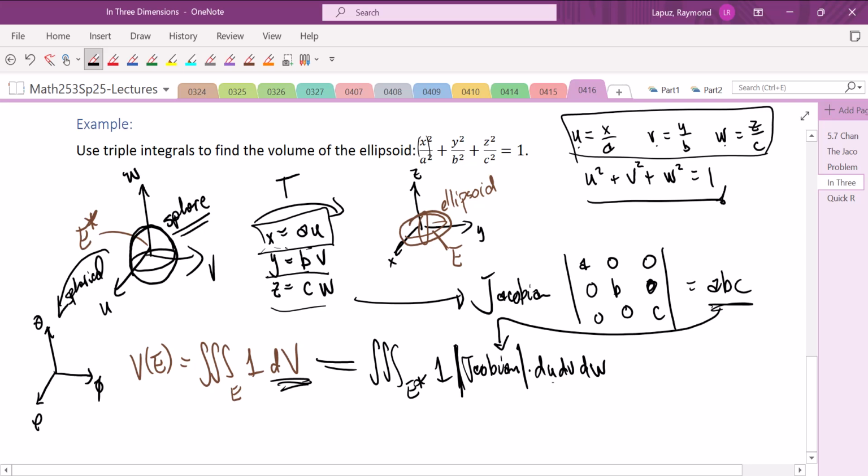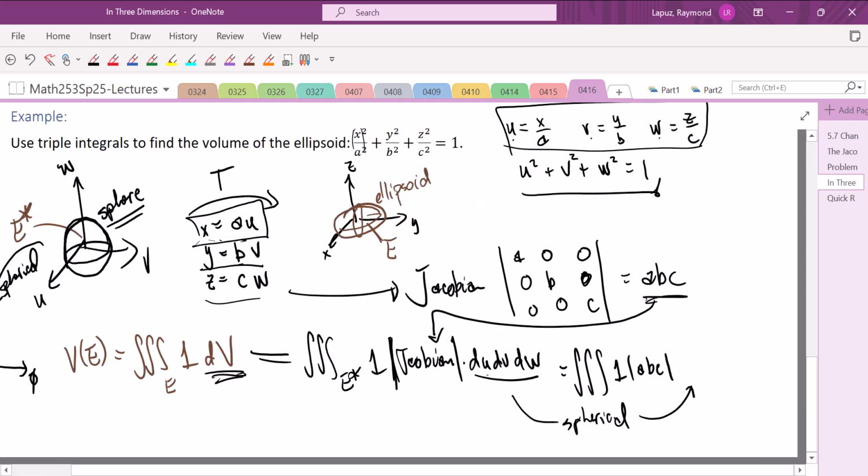So we have the Jacobian abc, and then as we change this into spherical coordinates, we have another Jacobian, rho squared sine phi.